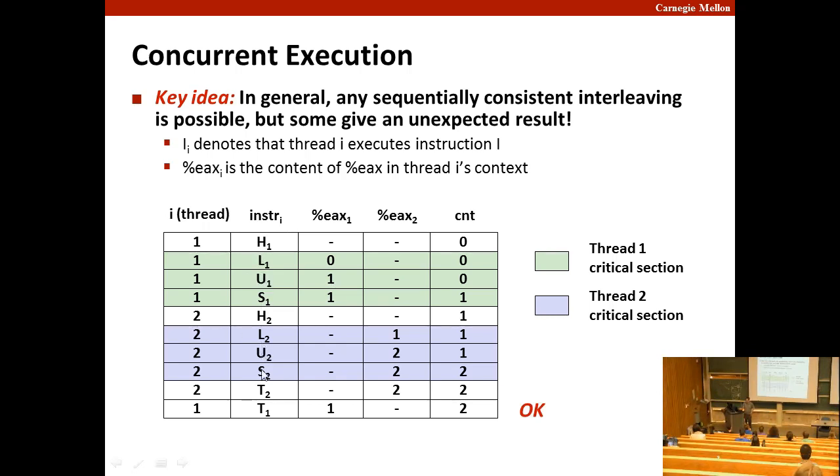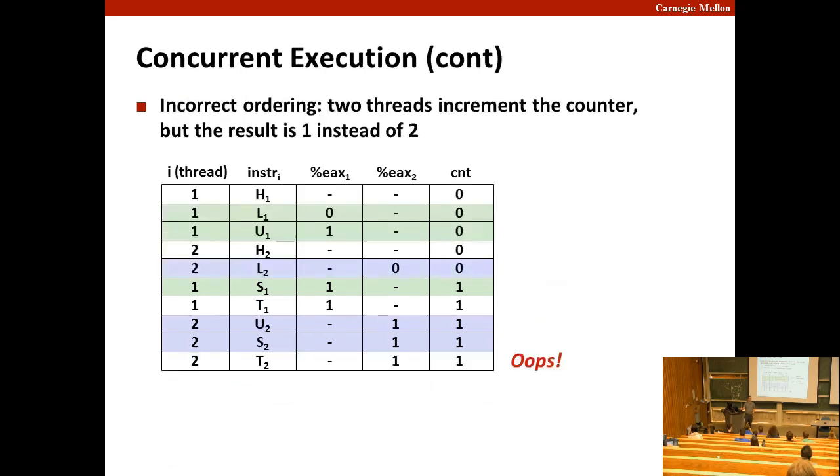What we want to pay attention to are these operations that form the critical sections: the loads, the updates, and the stores. Critical sections because they manipulate the critical resource, in this case a critical variable. Here you can see my load, update, store is interrupted by a load.